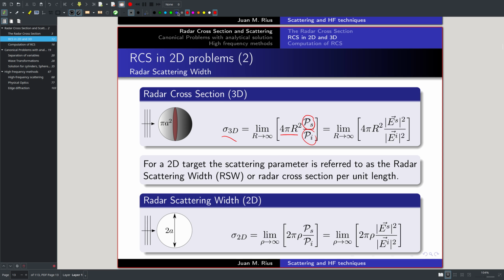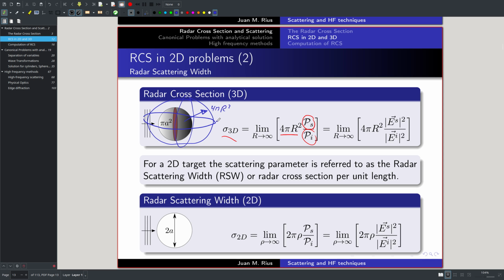And remember that this 4 pi r squared comes from the fact that the scattering sphere, or the spherical wavefront of the scattered field, has an area 4 pi r squared.